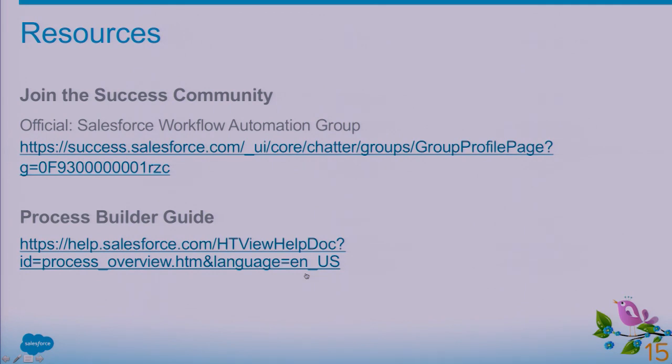We've got about 2,000 customers right now in the beta for Process Builder. Many of them are on the community, sharing solutions, sharing their use cases, helping each other troubleshoot. So it's a great resource to go to as you're starting to build your processes. You find a lot of best practice information there as well.